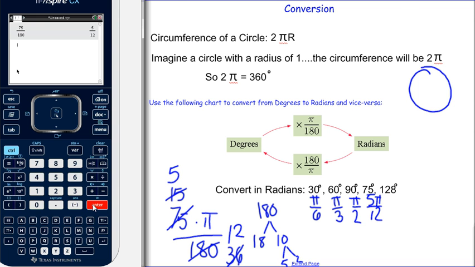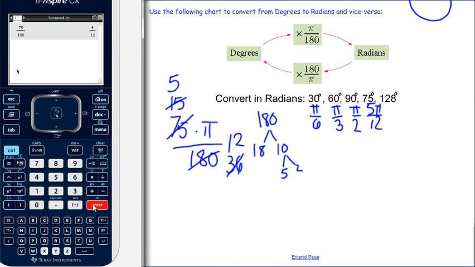And then 128, same idea. We can set this up by doing 128 times pi over 180. They're both even numbers, so we can see they're both divisible by 2. So this is going to be 64 over 90. We can do that again. Divide by 2, this is going to be 32, and 90 divided by 2 is 45.